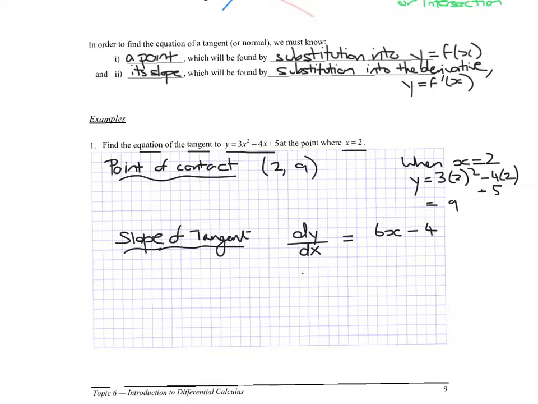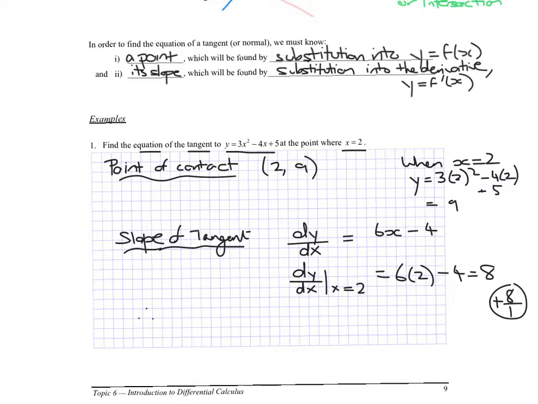And then we're going to find that slope at that specific point. So we're going to find dy/dx when x equals 2. So that's going to equal 6 times 2 take 4, which is equal to 8. So that's our specific derivative. Now, just remember you can write that as positive 8 over 1. That's going to help with normal questions.